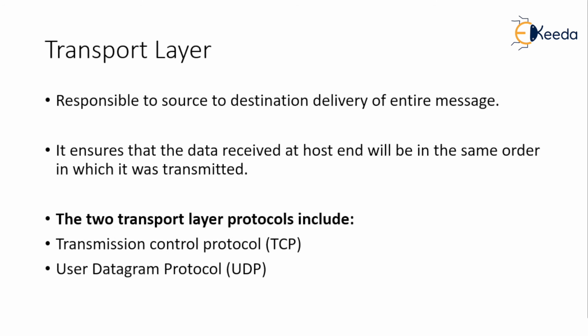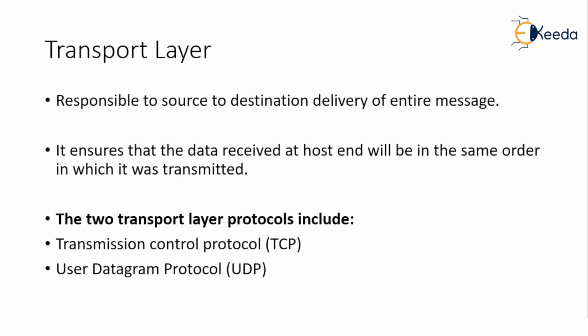Next is the transport layer. This layer is responsible for destination delivery of the entire message. That means the entire message which needs to be delivered from source to destination, this layer takes care for that.